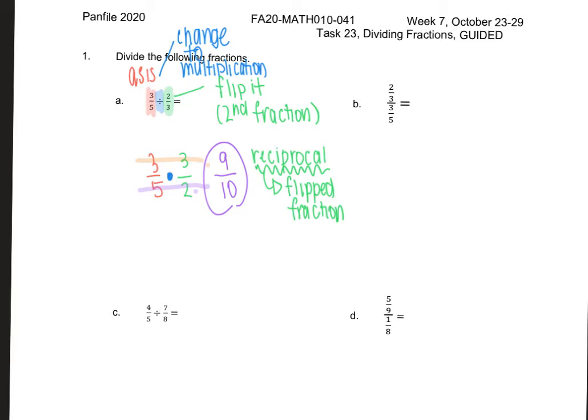When we talk about flipping our second fraction, we can also think about that as our bottom fraction as well. Because when we read this problem, we're reading it top to bottom, or 2/3 divided by 3 over 5. Same way as in letter A, it would be 3/5 divided by 2 over 3.